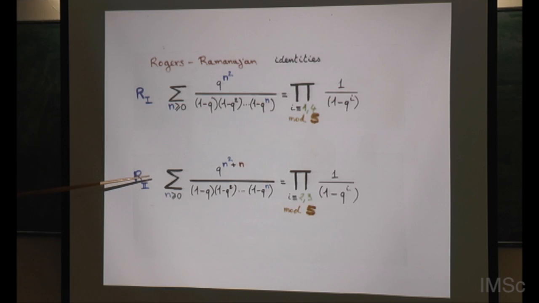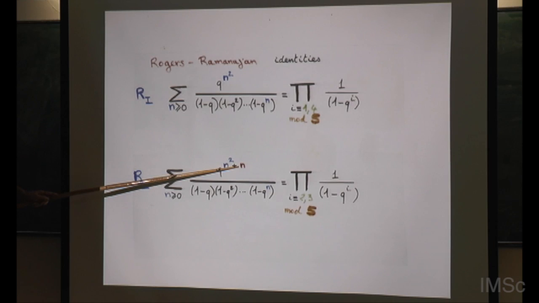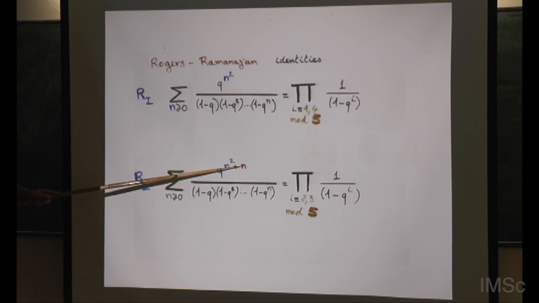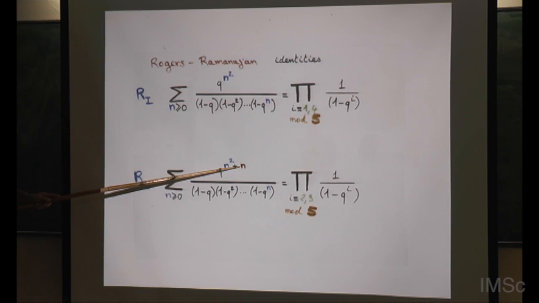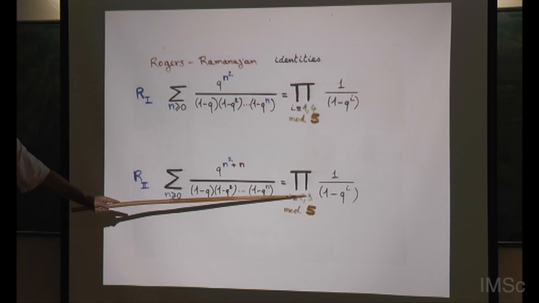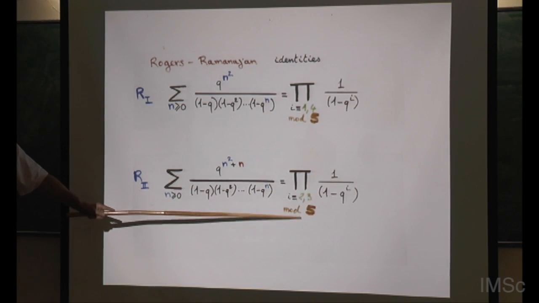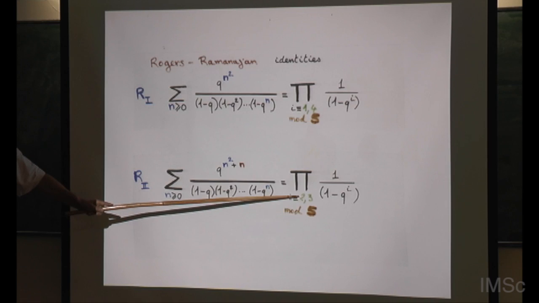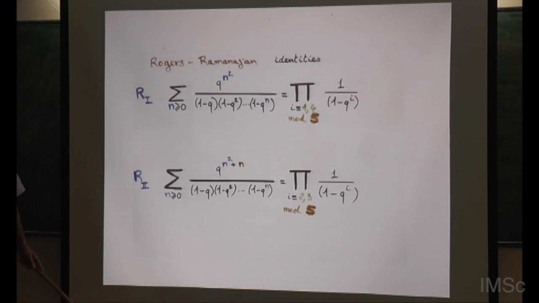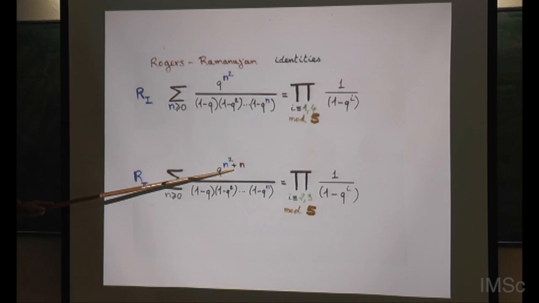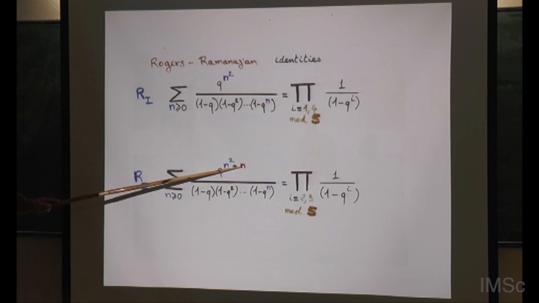Now the second Rogers-Ramanujan identity: on the left-hand side, you just shift n squared to n squared plus n. And the right-hand side changed completely. Now it's partitions with parts equal to 2 and 3 modulo 5. So what does it mean to shift this by n?